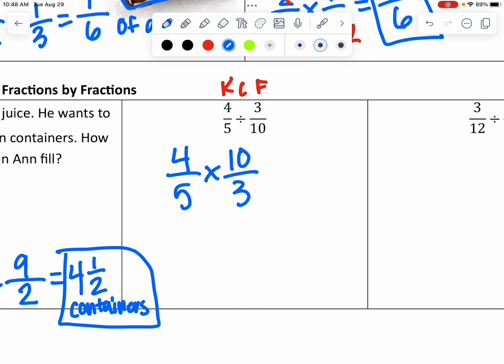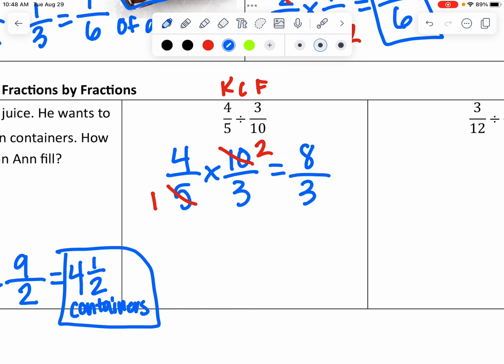What can I cross divide? I can divide my 5 and my 10 by 5. 5 divided by 5 is 1. 10 divided by 5 is 2. Now I can multiply across. And I know 4 times 2 on the top is 8. And 1 times 3 on the bottom is 3. So I get 8/3.